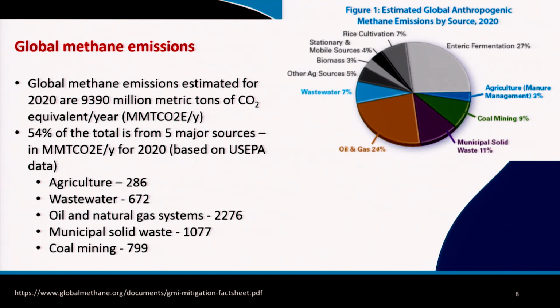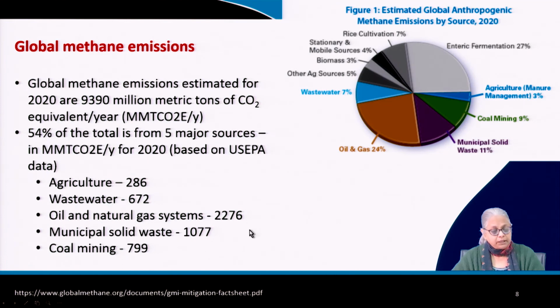That is called flaring of the residual material, or sometimes what you have is passive venting of the natural gas that is not utilizable. That accounts for the bulk of the methane emissions. 24% of the global methane emissions are from oil and natural gas systems.